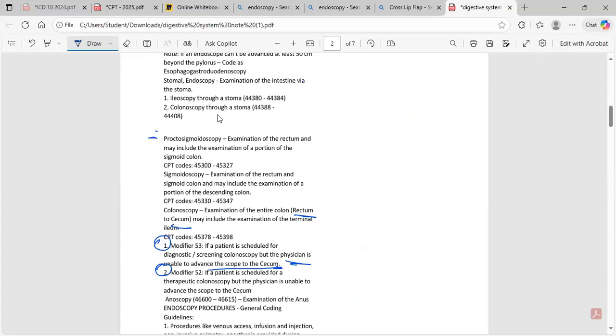We do have codes for the proctosigmoidoscopy and the sigmoidoscopy separately. Proctosigmoidoscopy is an examination of the rectum or the proximal portion of the sigmoid, and we just have these four codes here. And the sigmoidoscopy we are going to bill when the scope reaches the level of the descending colon. So if the scope reaches the level of the descending colon, then we are going to consider it a sigmoidoscopy.